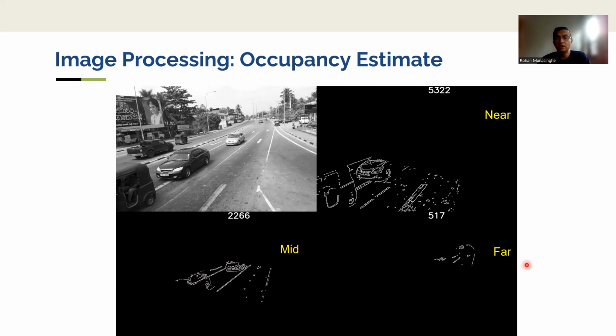This is the midfield, and this is the far field. In the far field, you can see a part of this vehicle. I'm not sure what this is, and also road signs. So you are collecting all these edges, mostly from vehicles in the near field, but when you go to mid and far, not many are from the vehicles. It's from the road signs, road marks rather.